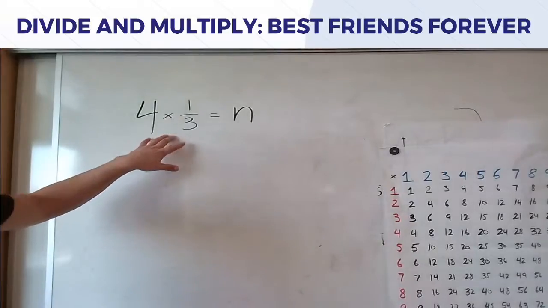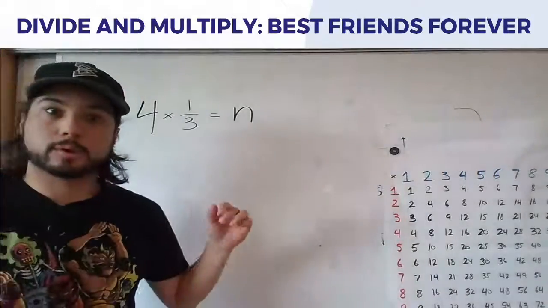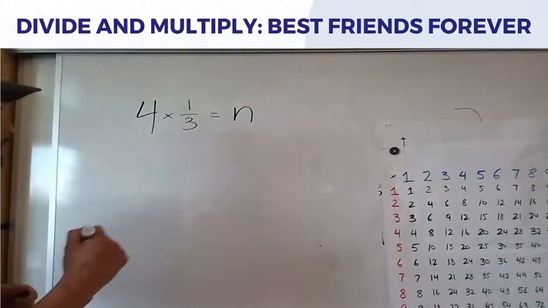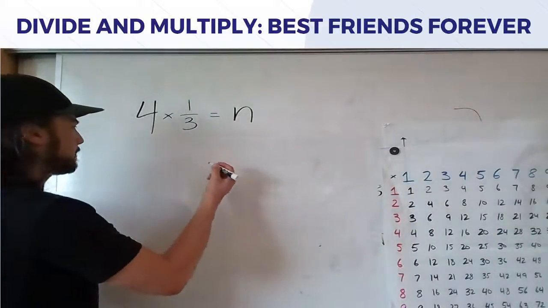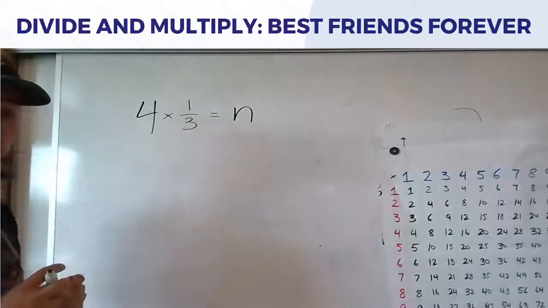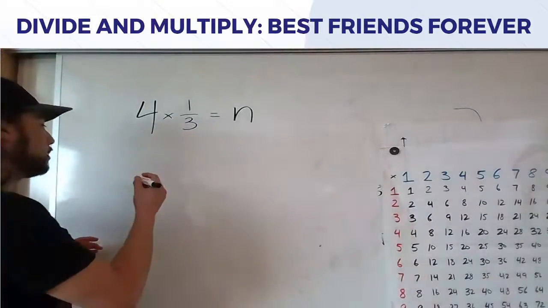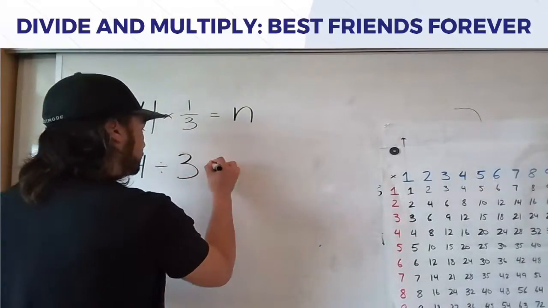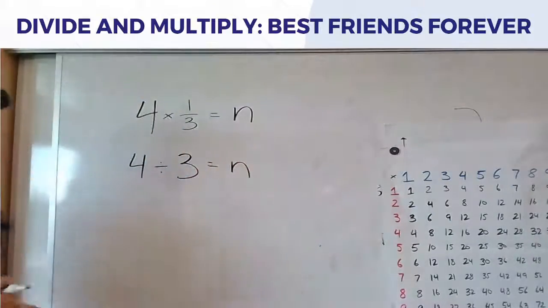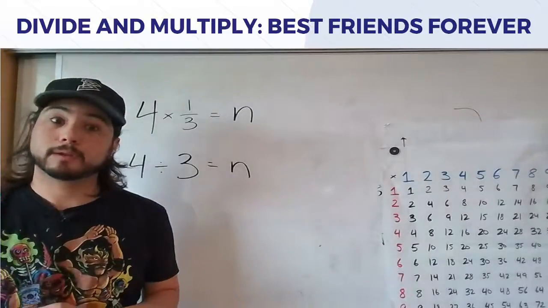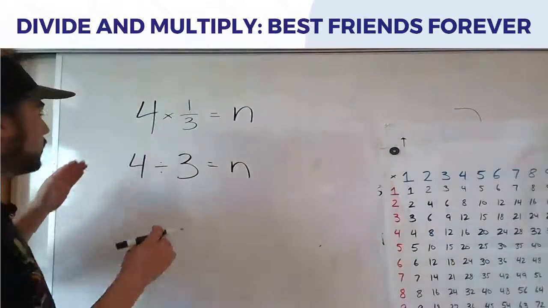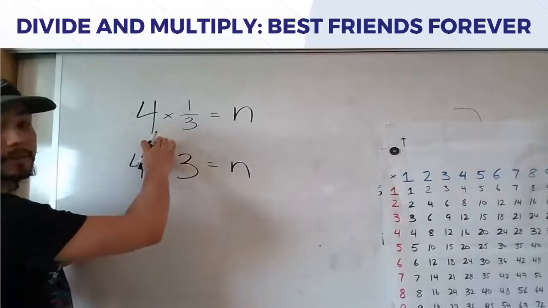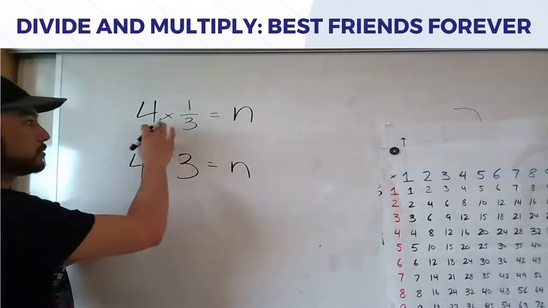We had 4 times 1/3 equals n, or equals our variable. We thought about this as 4 groups of 1/3, or 4 divided by 3 equals n. Essentially, when we multiply fractions, we multiply the numerators and we multiply the denominators.